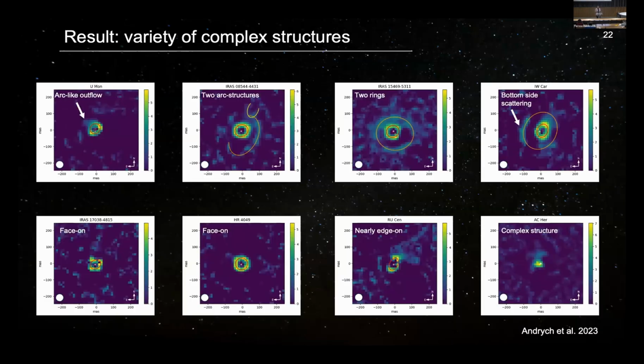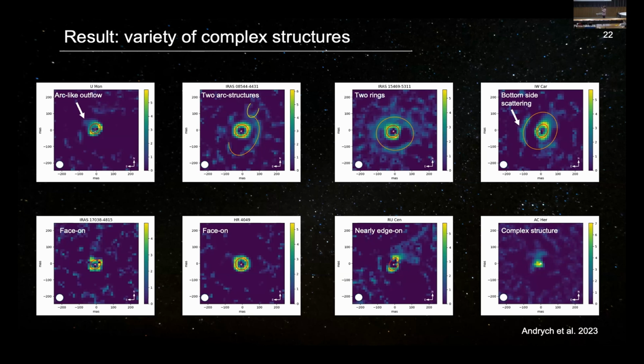So here are already reduced linearly polarized intensity images for all 8 post-AGB objects observed in the near-infrared and V band with SPHERE. These are images where we corrected for the light from the central star, so you don't see the central star here. Because quite often we can't resolve not just the star, but part of the disk itself, when we are correcting for the light from the star, we are kind of always subtracting it.